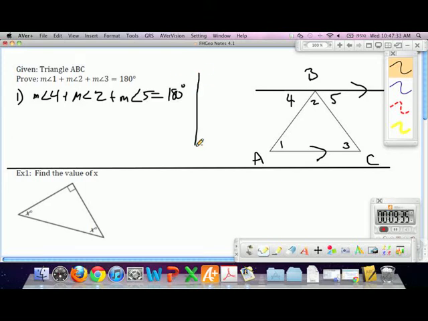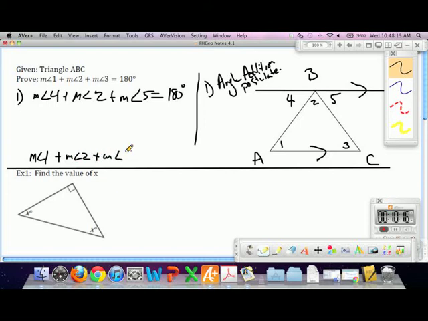If we add the smaller parts together, we get the whole. We call that the angle addition postulate. Eventually, we're trying to show that measure angle 1 plus measure angle 2 plus measure angle 3 equals 180. We're trying to get here.